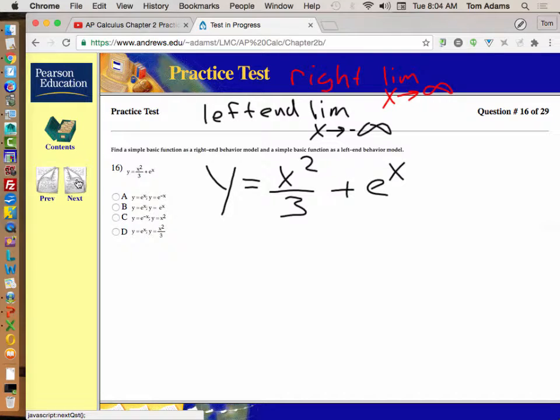And so what we're going to find is one of these functions will have a little bit more of a dominating effect as we approach positive infinity. The other one will have a similar effect as we approach negative infinity. And we could do this mathematically or analytically if we just think about this for a second. What do we know is going to happen as x approaches a very large number?